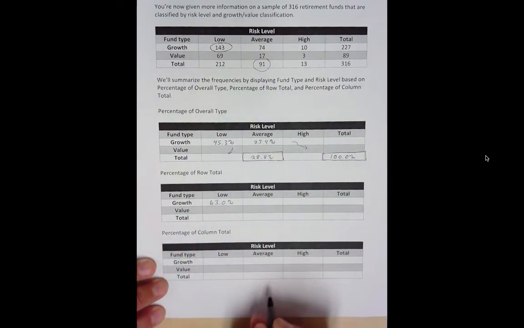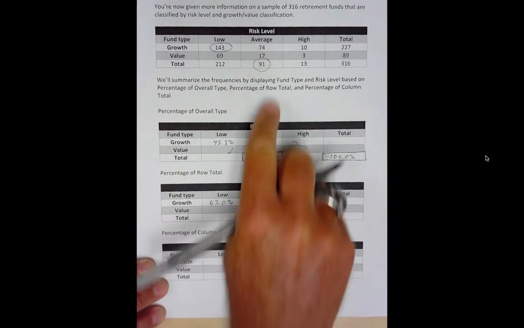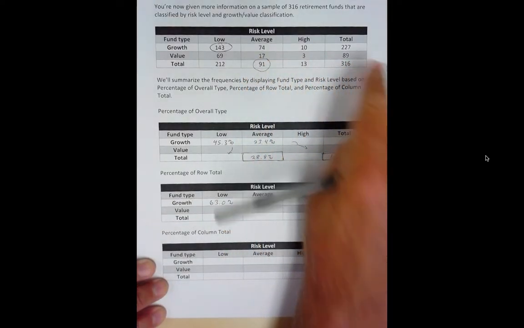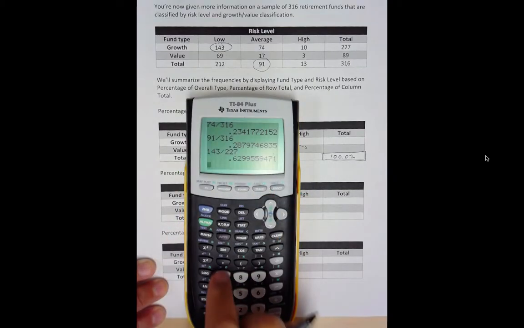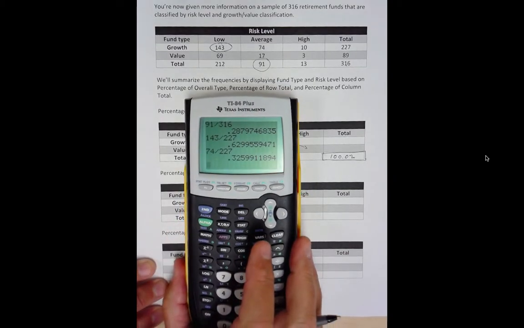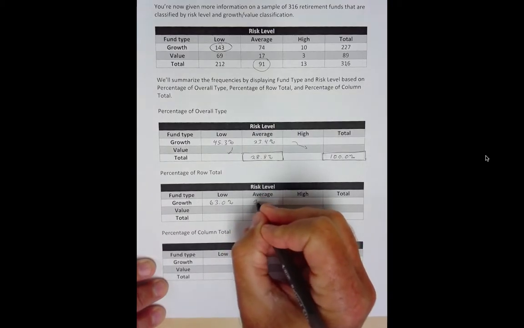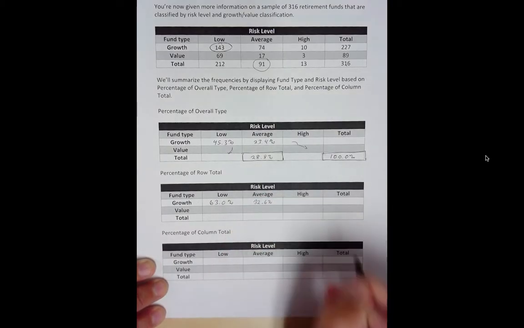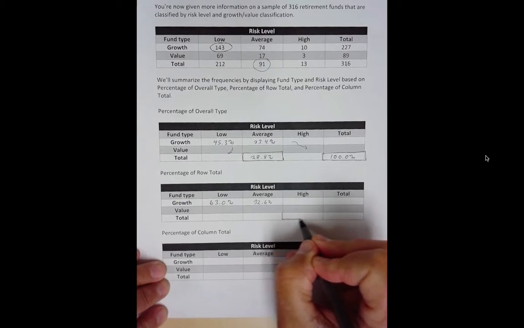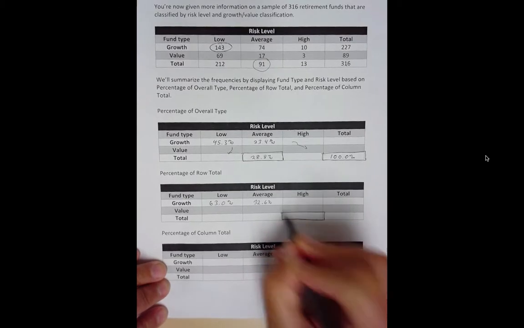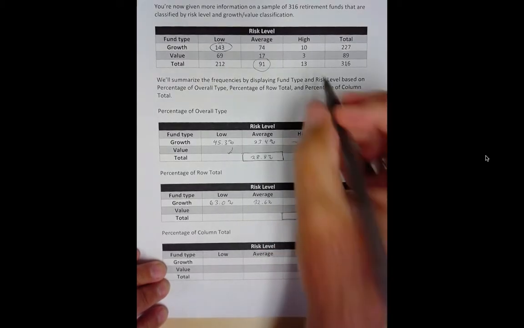That was kind of a tricky rounding. The next would be 74, again divided by the 227. So 32.6%. And just to choose a random cell here, we do the same thing.